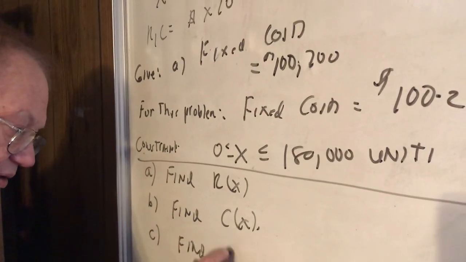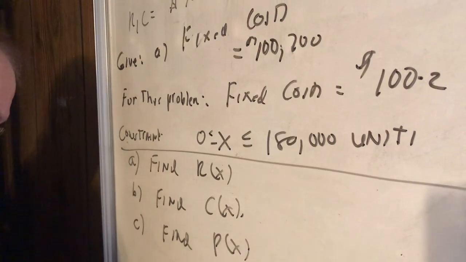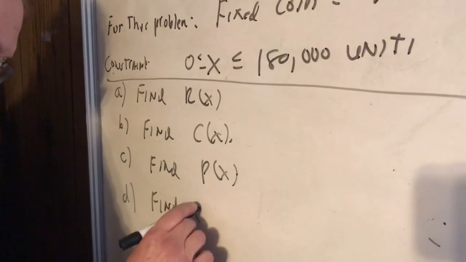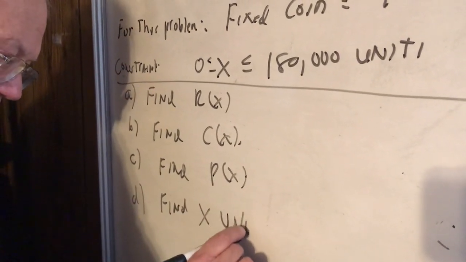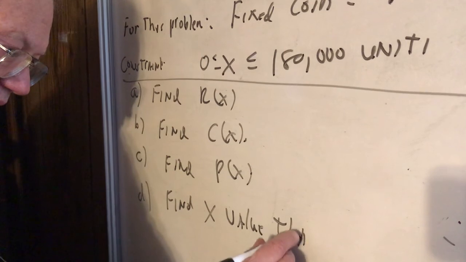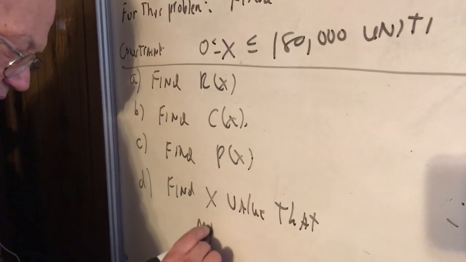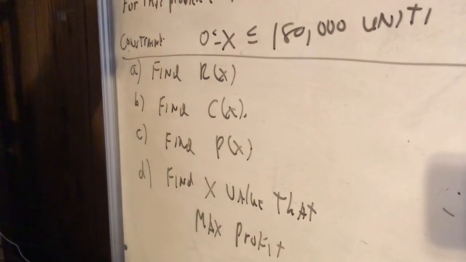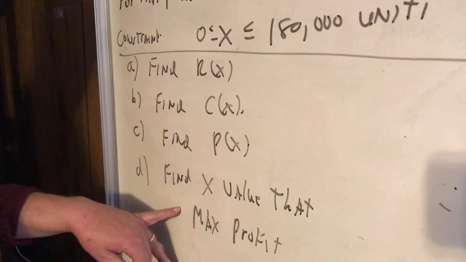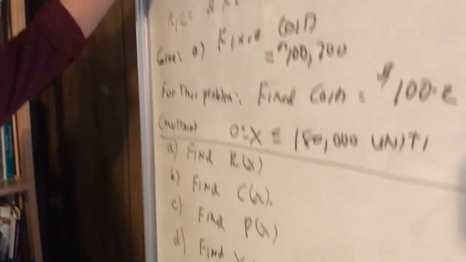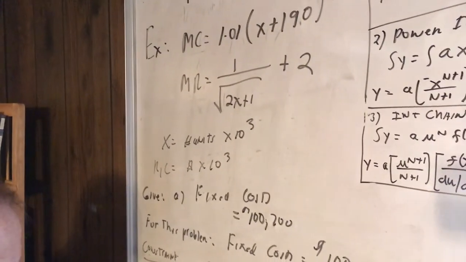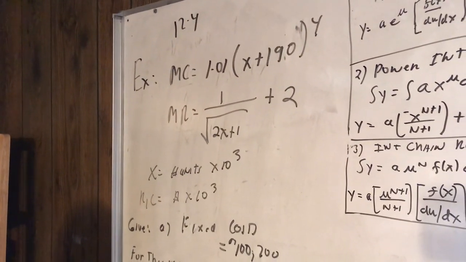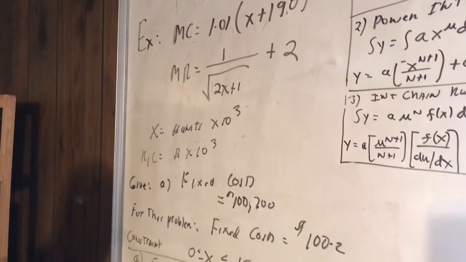Find the profit function. And find the x that maximizes profit. Now I can find this right away if I wanted to do marginal revenue minus marginal cost, but they want us to find these anyway, so we might as well take it in steps.